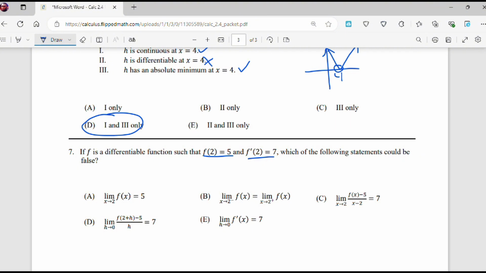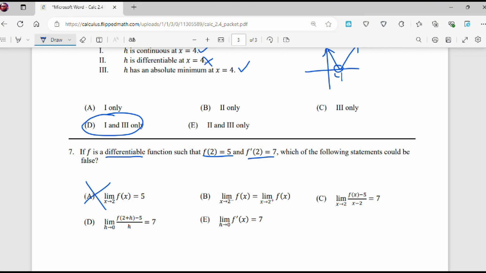Answer A. Limit as x approaches 2 of f of x is equal to 5. Well, it's also given that f is differentiable. So f is going to be continuous, so f's limit as x approaches 2 has to exist. And so this one cannot be false.